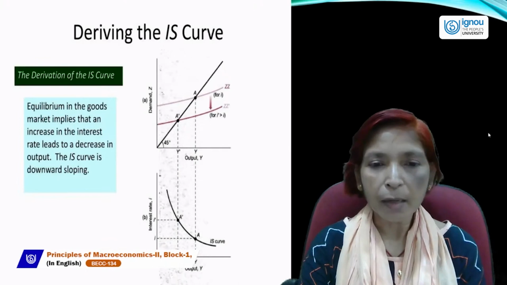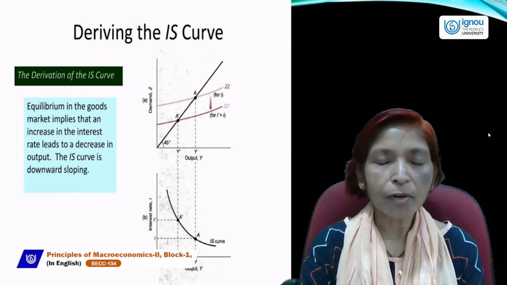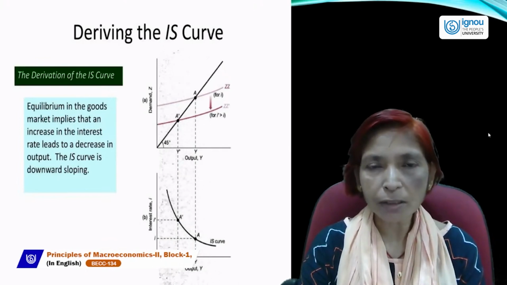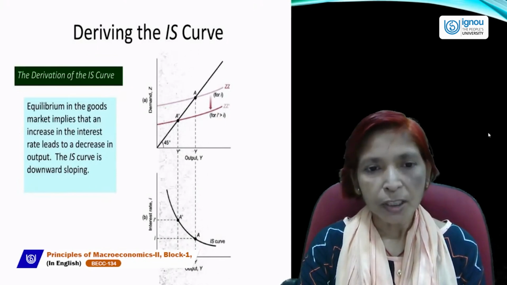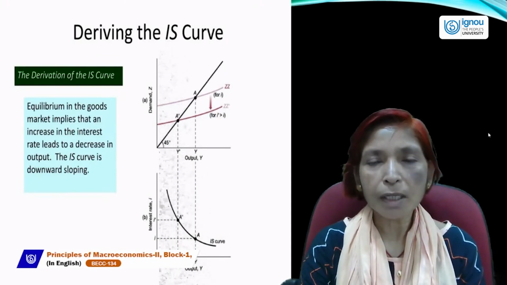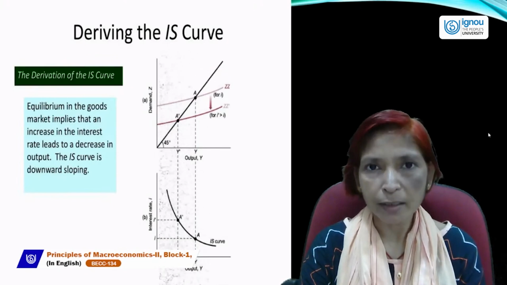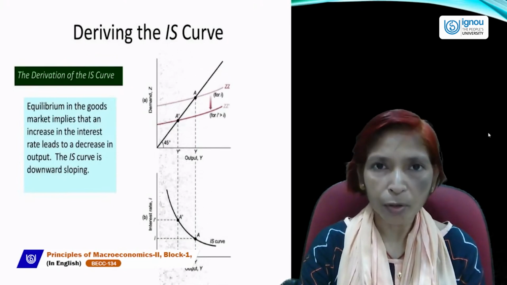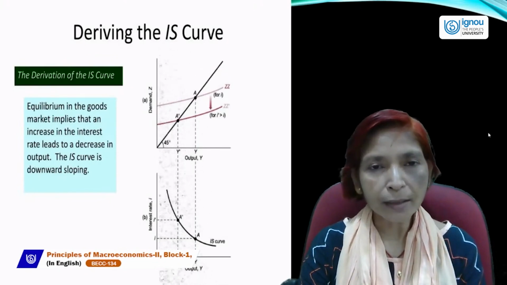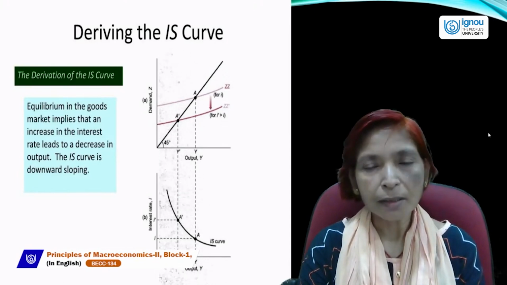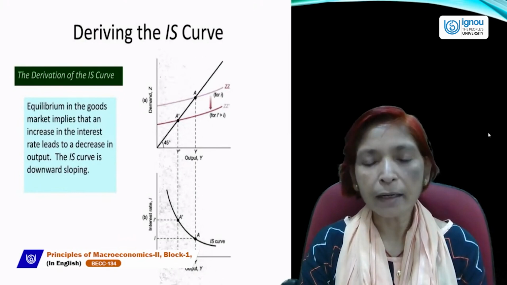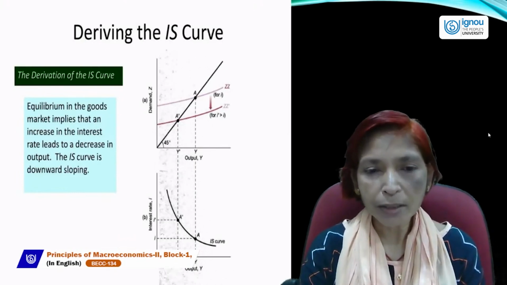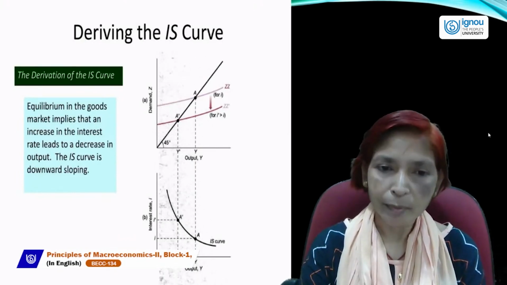Next is the aggregate demand curve, which always starts from the y-axis, not from the origin, because demand can never be zero. In demand, we include consumption and investment in a two-sector economy model. If a two-sector economy model exists, then we will take only two aggregate demand components, C and I. C shows consumption and I shows investment.